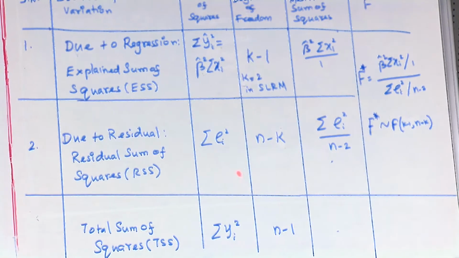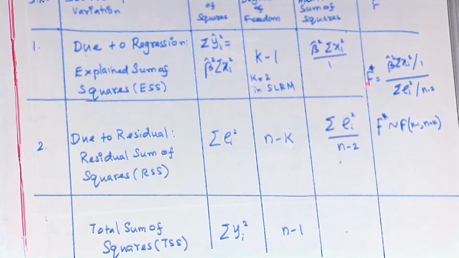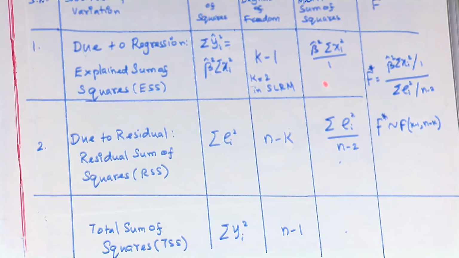Now we may define the F ratio. This is the F ratio, the ratio between the mean sum of squares of the explained sum of squares and the mean sum of squares of the residual sum of squares.